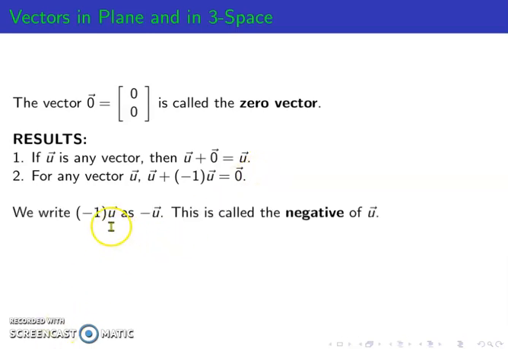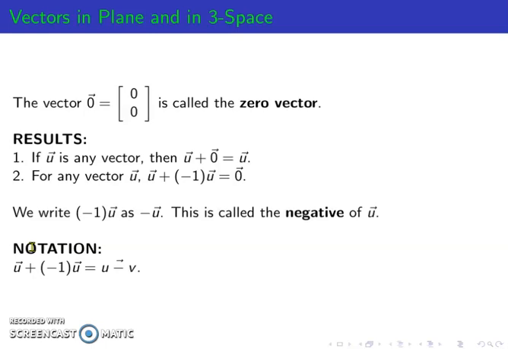For our notation, we will write negative U or negative vector U instead of negative 1 times vector U. So this vector is called the negative of vector U. So in effect, the vector U plus the negative of the vector V because of this one.